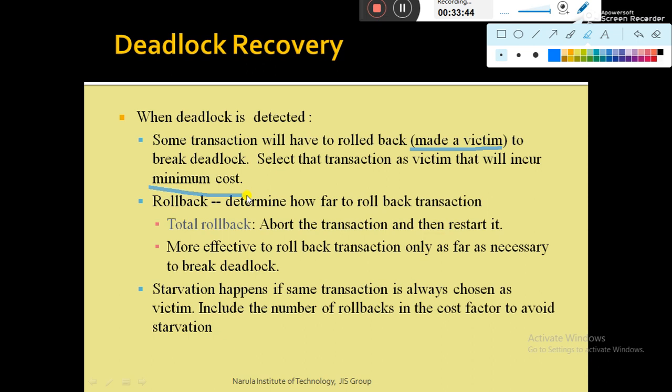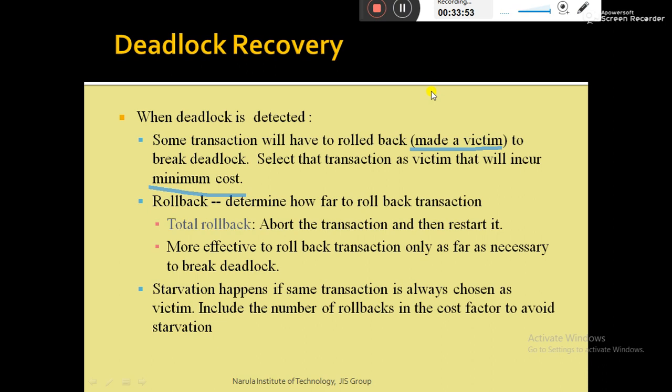The second criterion of cost is how many data items it has already acquired and how many more data items it will require. If a transaction requires a small amount of data to complete its execution, then it will incur minimum cost.